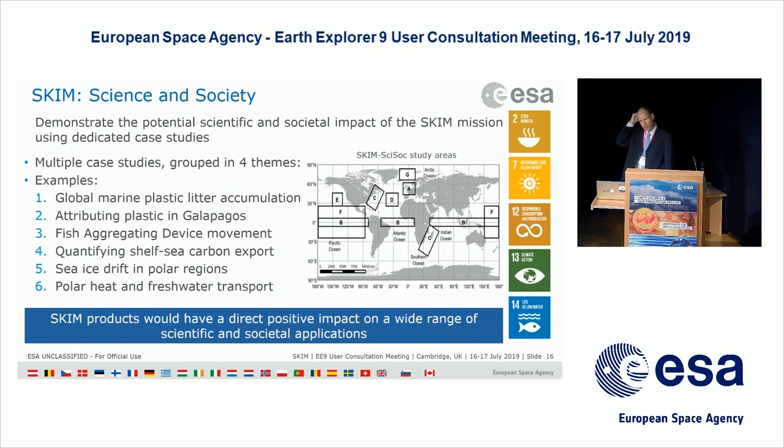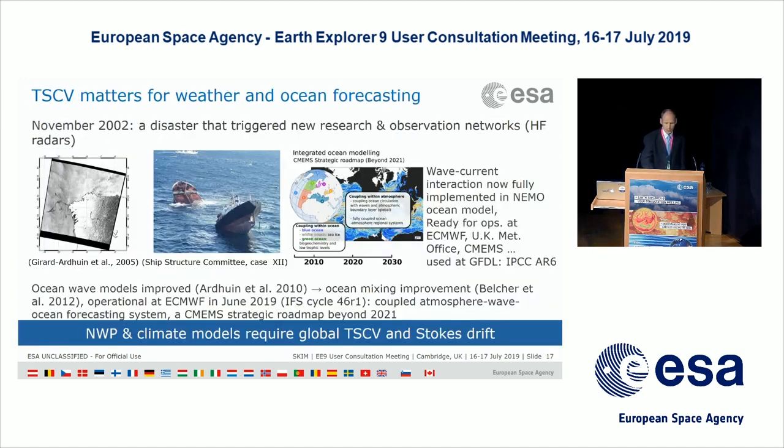So in addition to these scientific studies, the operational organizations are now keen and interested in using SKIM. So numerical ocean forecasting models are now being used by many different countries. These were originally developed to address the need for understanding disasters at sea. So this is an example of the Prestige oil disaster.